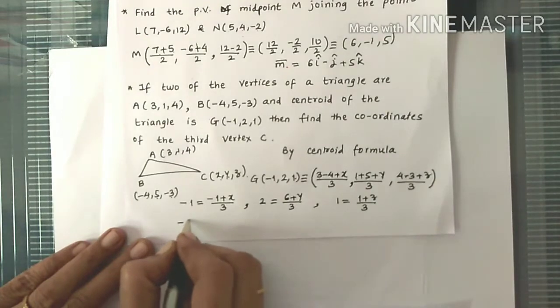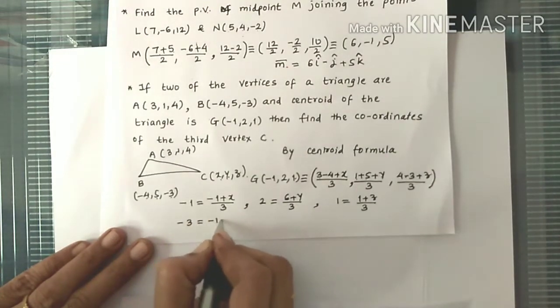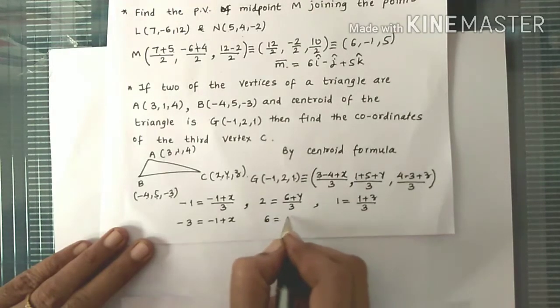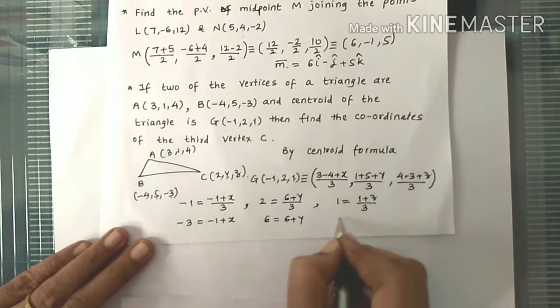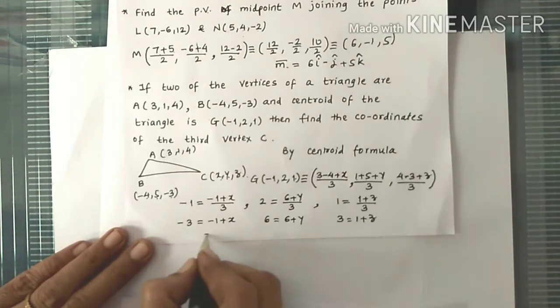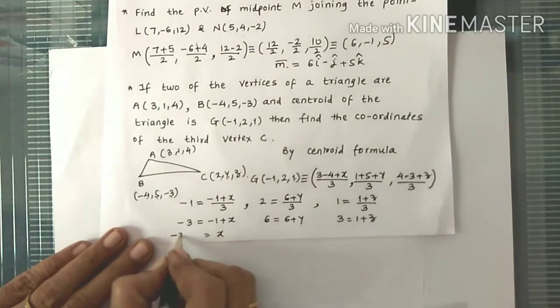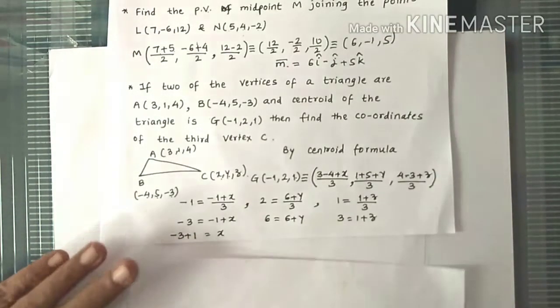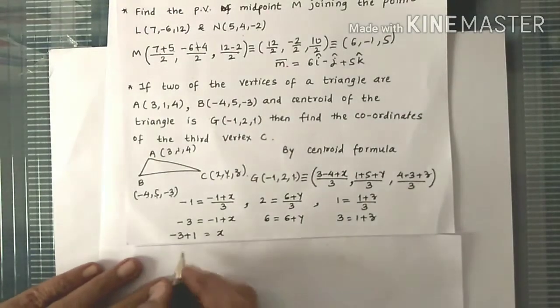So cross multiplying, we have minus 3 equal to minus 1 plus x, 6 is equal to 6 plus y, and 3 equal to 1 plus z. So x is minus 3 plus 1, so we have x equal to minus 2.